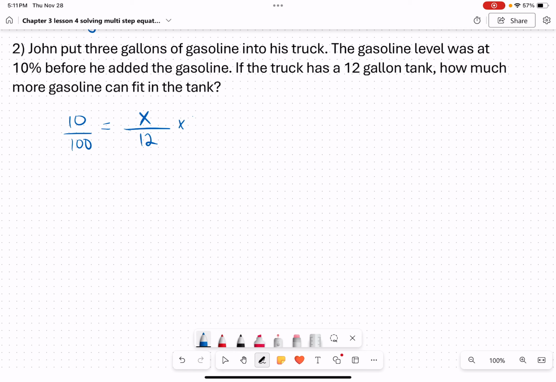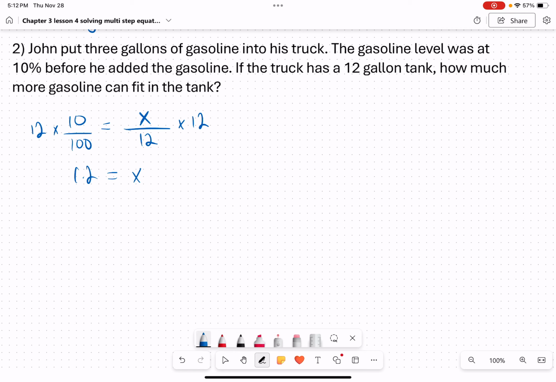So we're going to multiply by 12 to each side. And 12 divided by 12 on the right side is equal to 1. So we're left with just 1x. Okay. And now, if we want to do the left side, we could just turn the fraction into a decimal and say 12 times 0.10, which is going to give us 1.2.